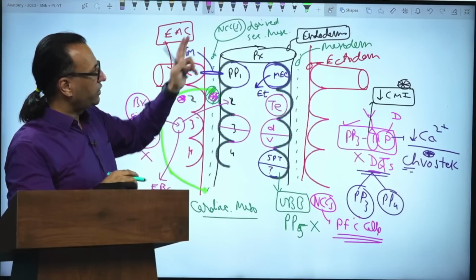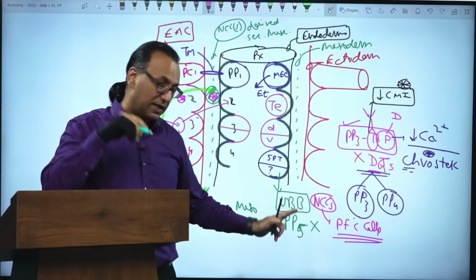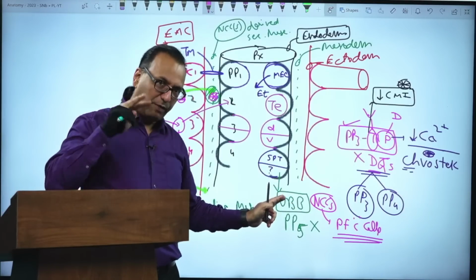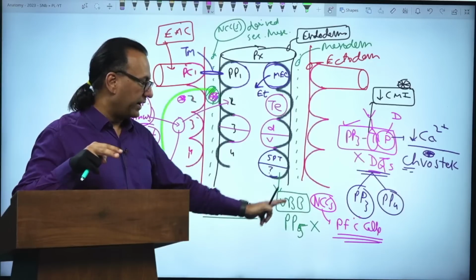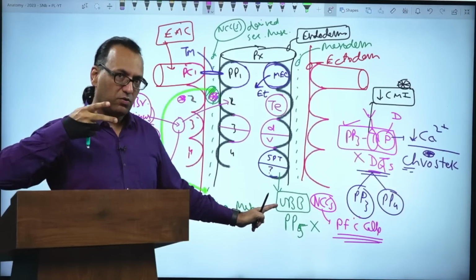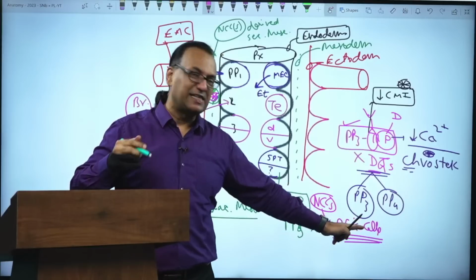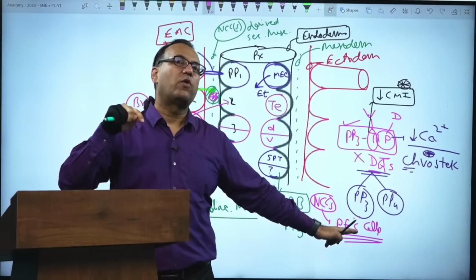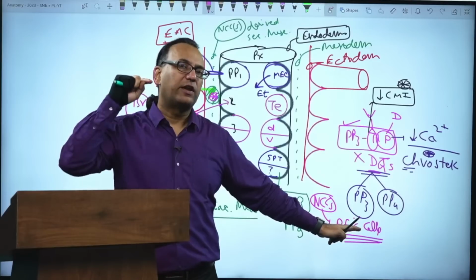Those neural crest cells were migrating and populating the ultimobranchial body, and they change themselves into parafollicular C cells of the thyroid, giving calcitonin hormone.